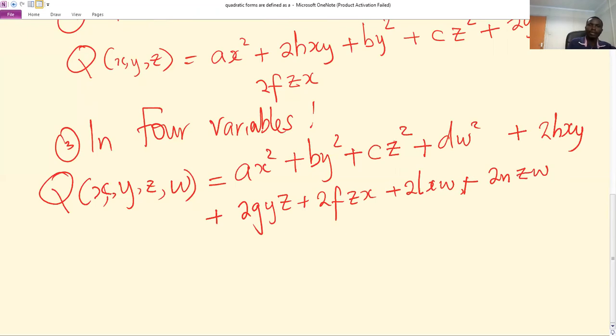So this is 1, 2, 3, 4, 5, 6, 7, 8, 9 terms, with coefficients 2h, 2f, 2g, 2l, 2n.